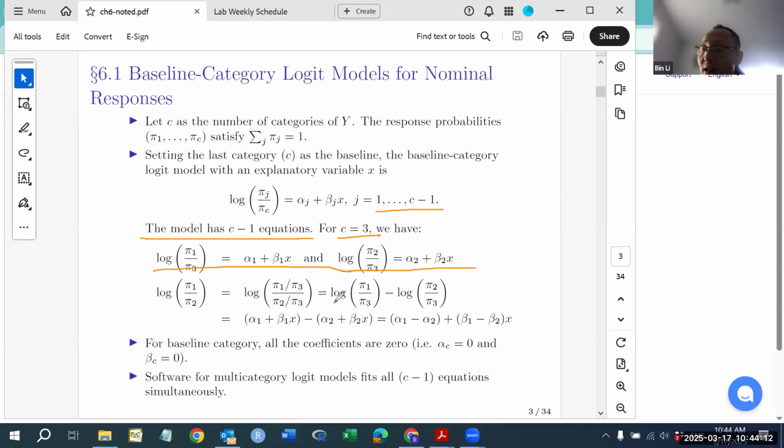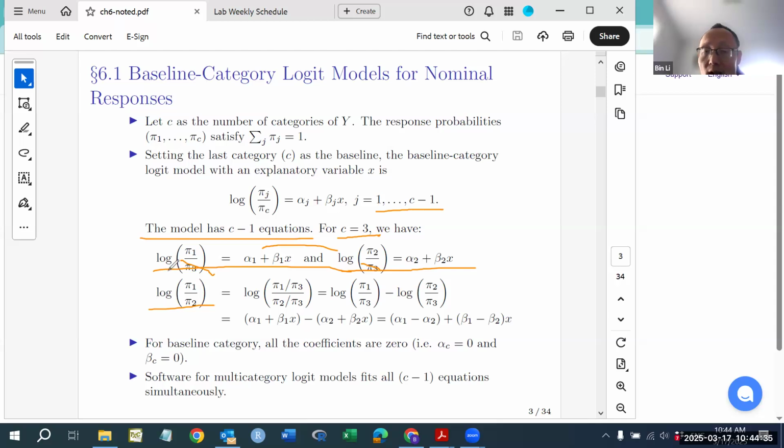Then how do we get the log odds for category 1 and 2? We can still get that. It is just the difference between equation 1 and equation 2, because if you take the difference, you will see category 3 cancels out.